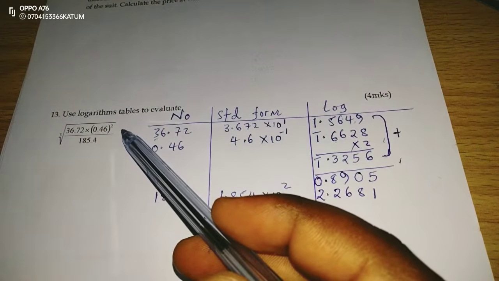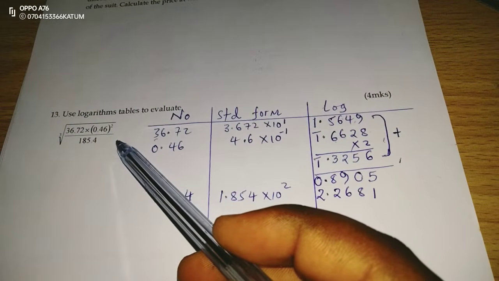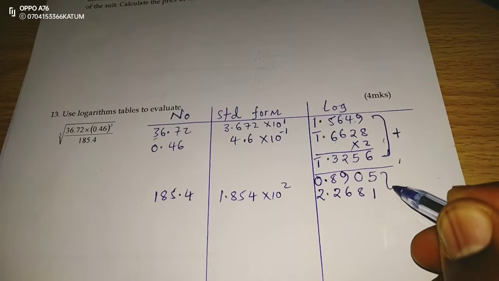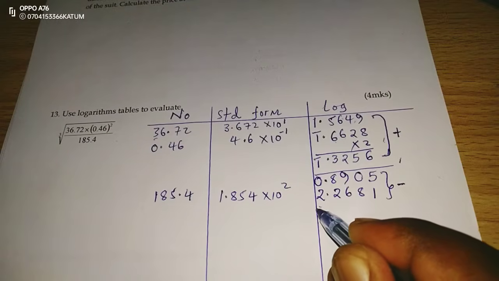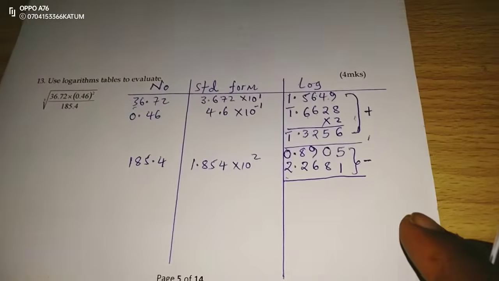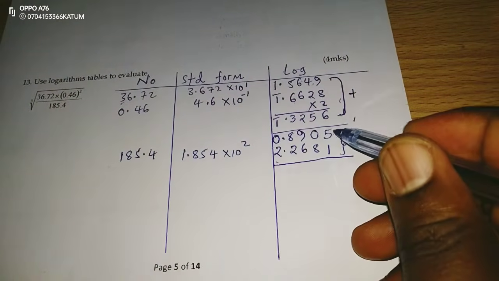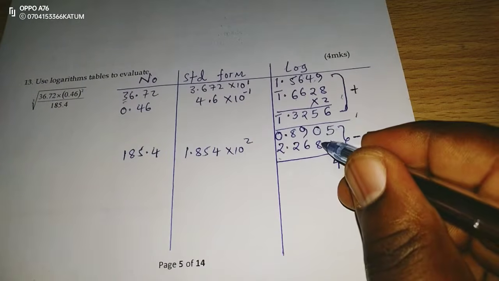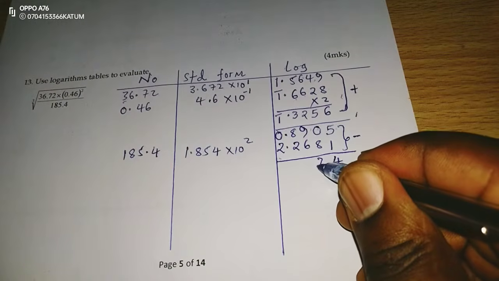Something to be noted is that the first numbers and the last one are being divided. Therefore, the final logarithm of the denominator should be subtracted from the logarithm of the numerator. So this one and this one have to be subtracted. When I subtract this, I have 5 minus 1, which is 4. 0 minus 8, so this becomes 10 after borrowing 1. 10 minus 8, we get 2.